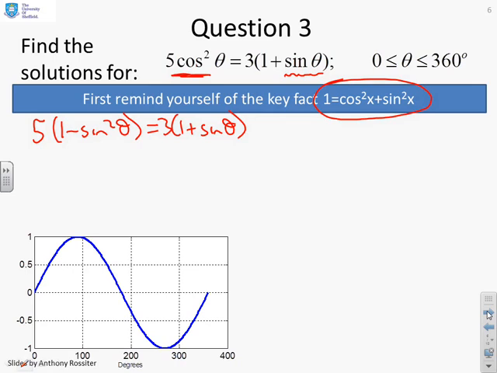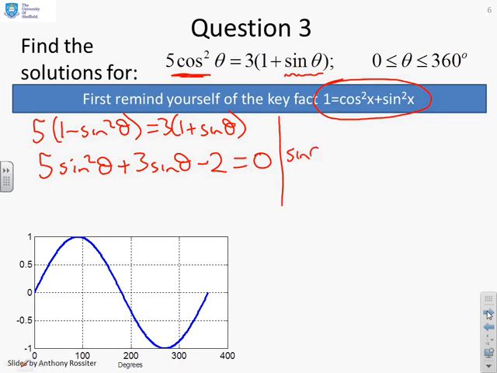And now I can combine all common terms, and you'll find you get 5 sine squared theta plus 3 sine theta, and then minus 2 equals 0. And clearly this is a quadratic in sine theta. So I can now solve for sine theta using my quadratic formula.